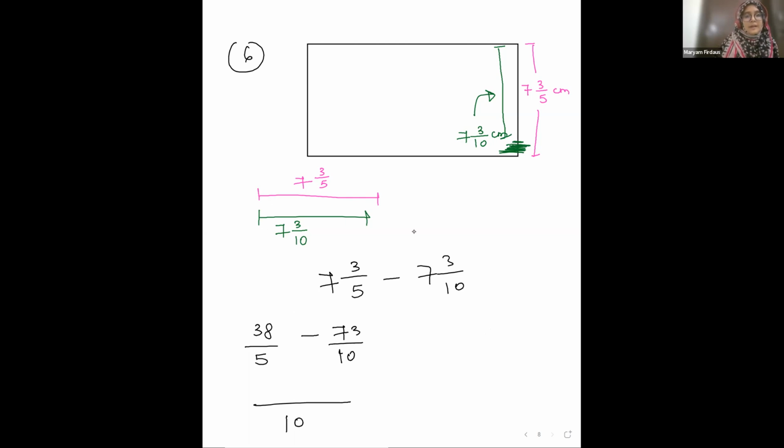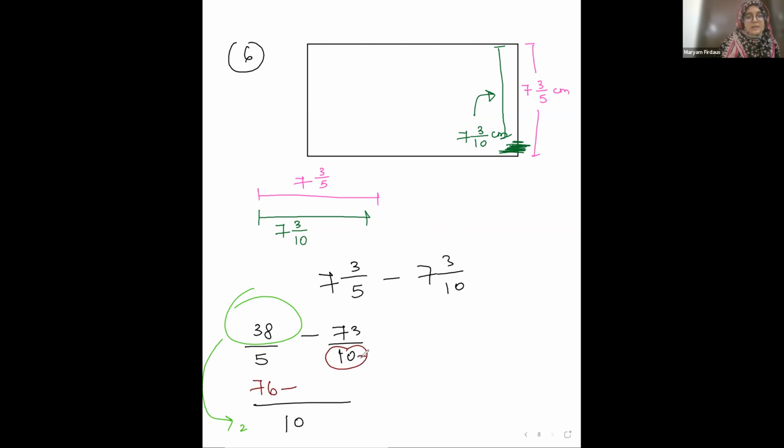So 5 multiplied by what will give you 10? 2. So I've written this 2 over here. So 5 multiplied by 2 will give you 10. So 38 multiplied by 2 will give you 76. Very good.